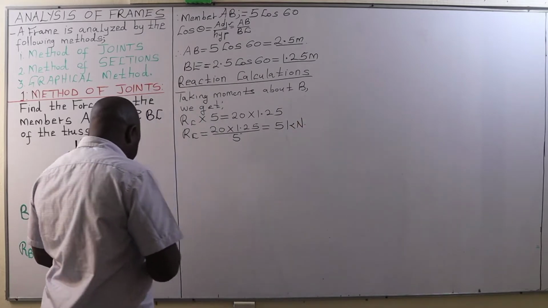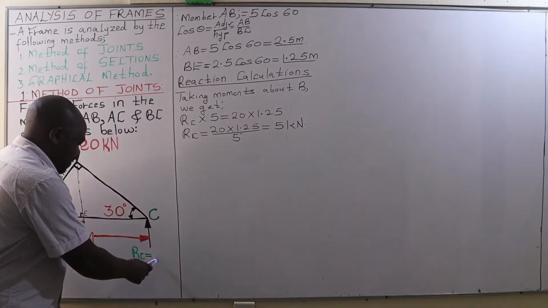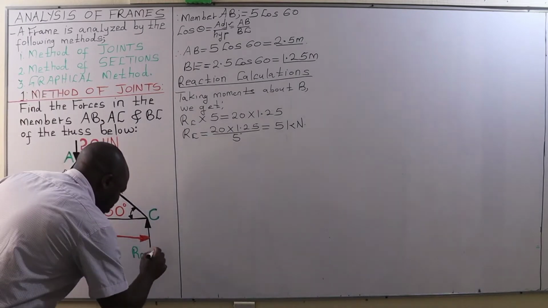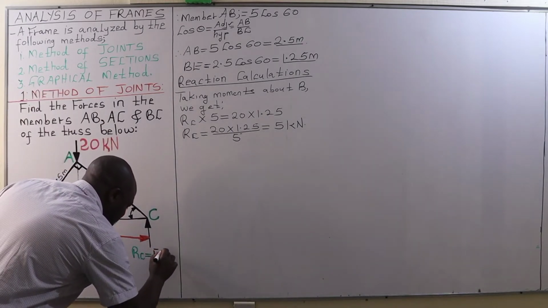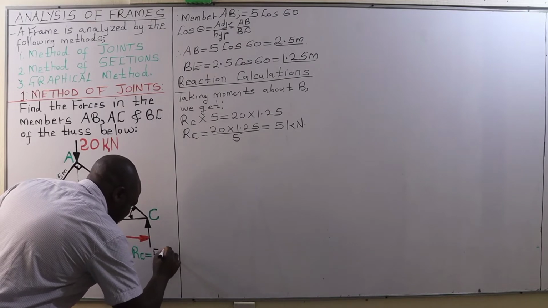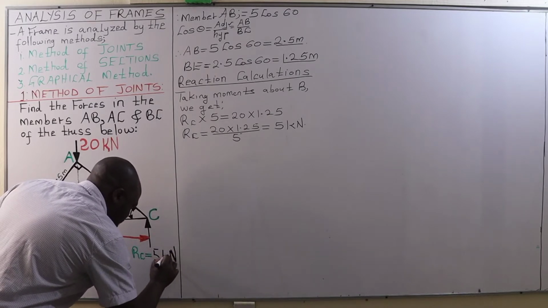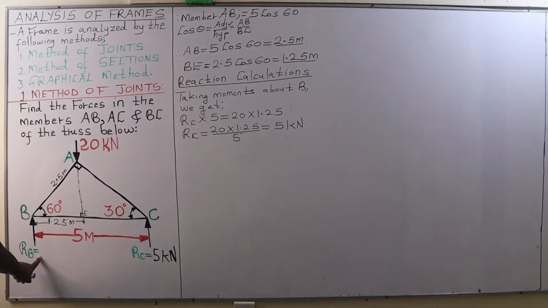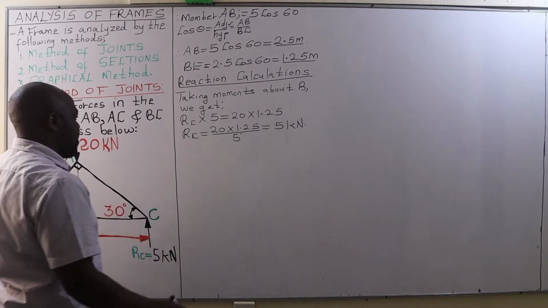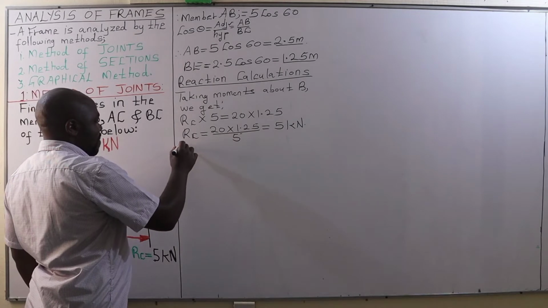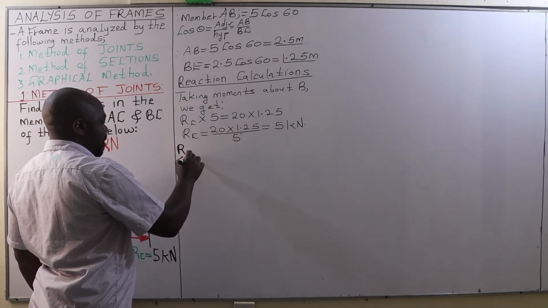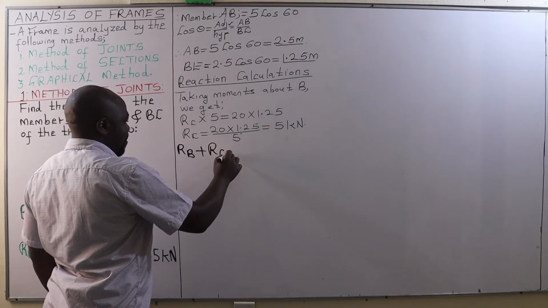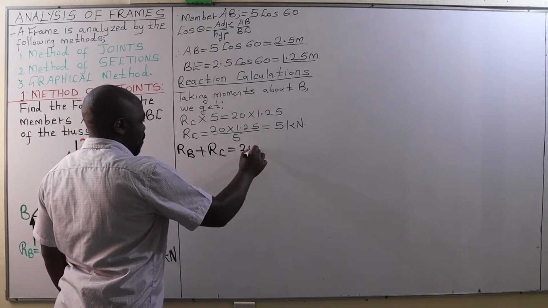Therefore, the reaction at C is going to be 5 kilonewtons. So you can write it there as 5 kilonewtons. We need the reaction at B, and we know very well that the sum of upward forces is equal to the sum of downward forces.